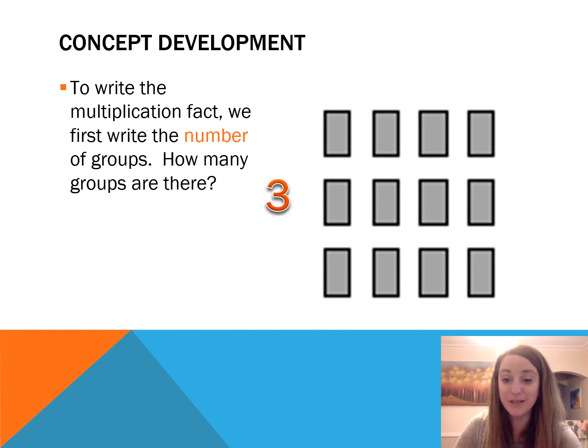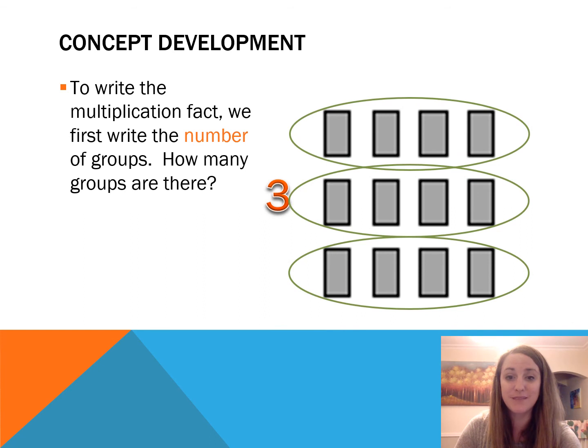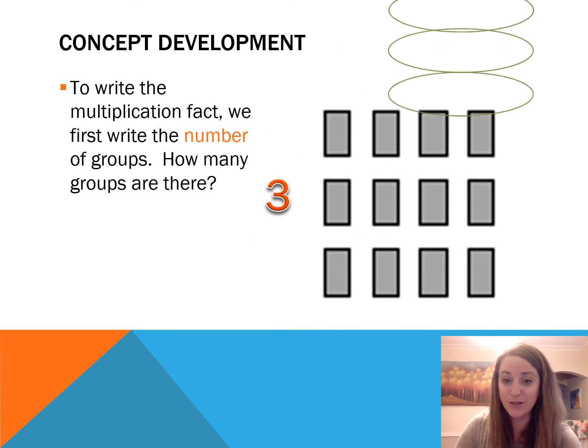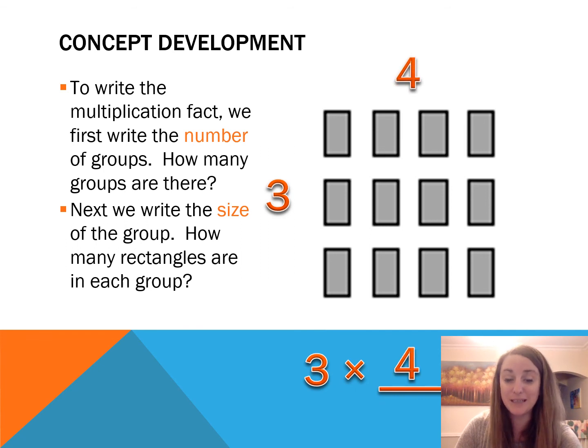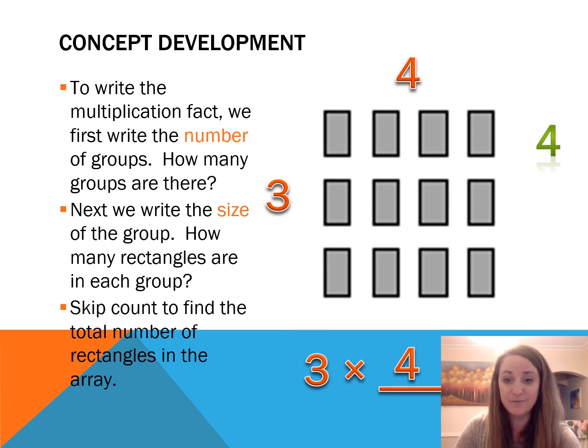There are 3 rows. And how many are in each of those rows? There are 4 in each of those rows. So we can write 3 times 4 equals 12. Because 4, 8, 12. Great job!